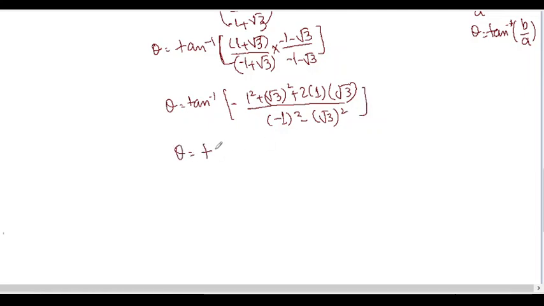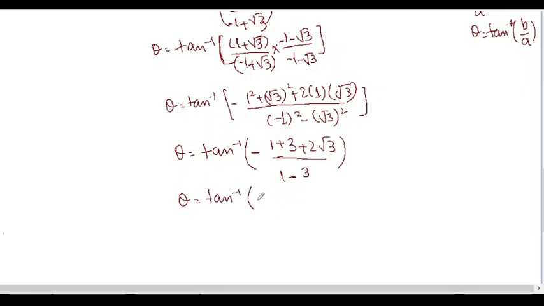Theta equals tan inverse into minus, as it is, 1 squared gives us 1, square root of 3 squared gives us 3, plus 2 square root of 3, whole divided by minus 1 whole squared gives us 1, minus square root of 3 whole squared gives us 3. Theta equals tan inverse into minus, 1 plus 3 is 4 plus 2 square root of 3, whole divided by 1 minus 3 is minus 2.